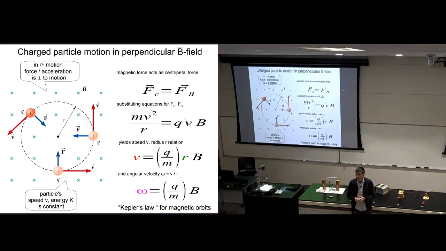They don't care whether it's a big old orbit and a fast-going particle, or it's a little orbit and a slow-going particle. Always the period of the orbit, the length of kind of the magnetic year, the frequency, angular or regular frequency, omega or f, they just depend on the characteristics, personality, the charge to mass ratio of the particle. So it's a really interesting thing.